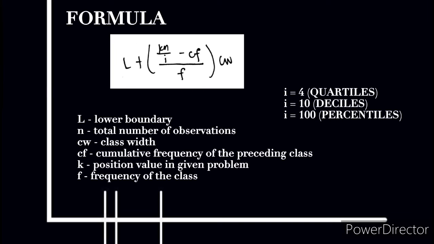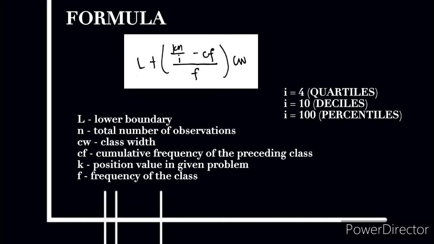We're going to use this formula where L is the lower boundary, N is the total number of observations, CW is the class width or class size, CF is the cumulative frequency of the preceding class, K is the position value in the given problem, and lastly, F is the frequency of the class.